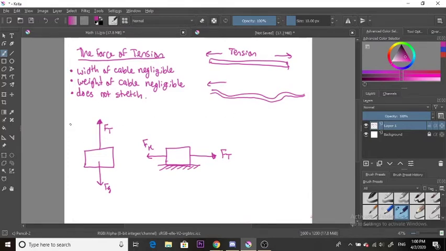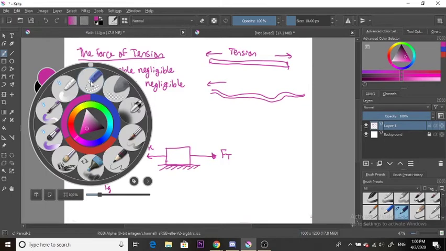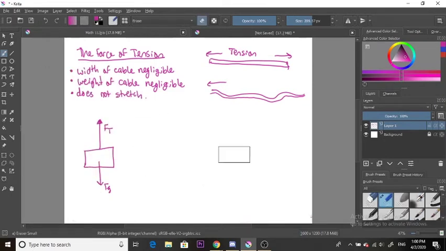If we take a look at scenario 1, let's just temporarily erase this. Now, let's assume that this box is not moving. So this is staying still.